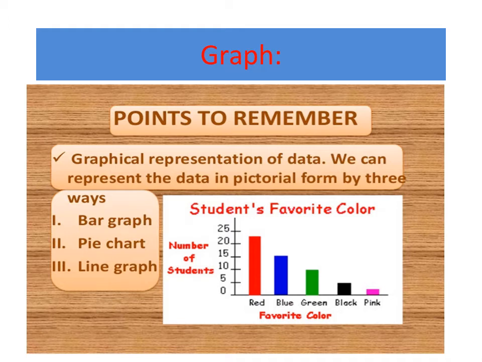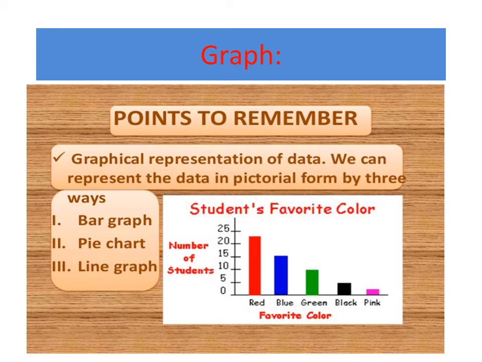Graph is the pictorial representation of an event. When you see a cricket match, there is a number of hours and number of runs in particular hours. You have seen in the cricket match the tall bars of the runs made by the player.